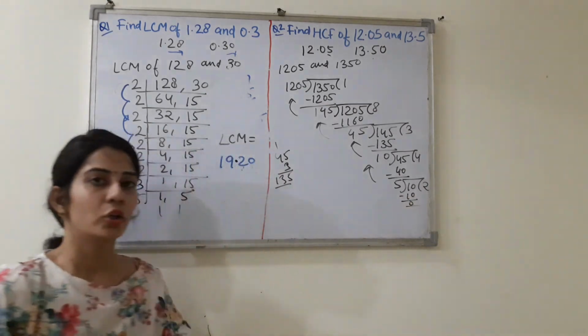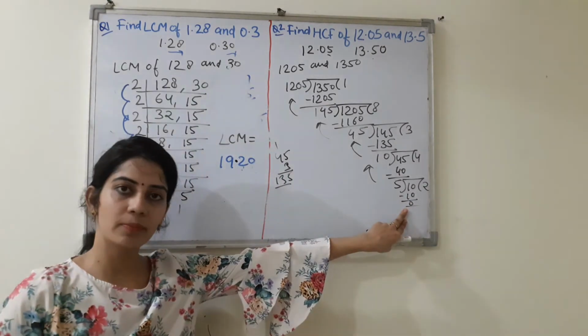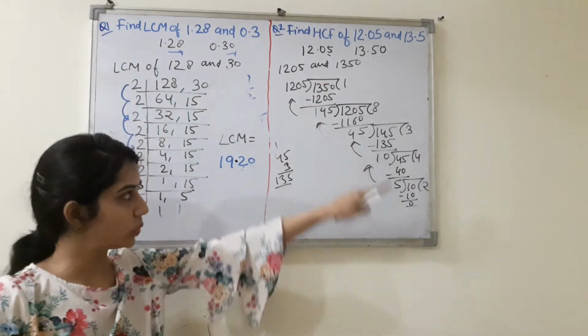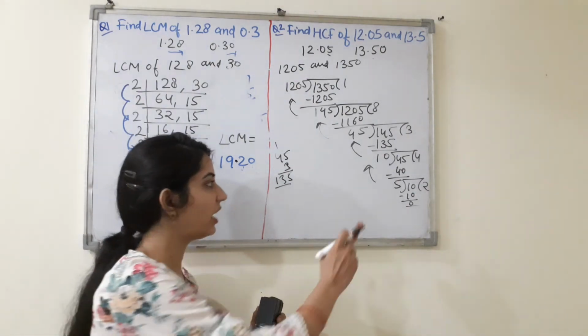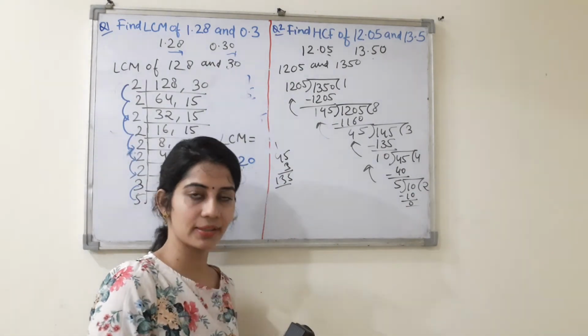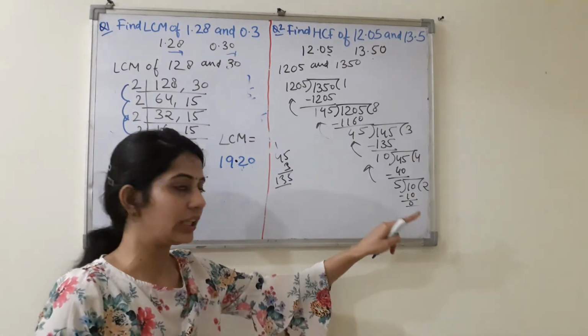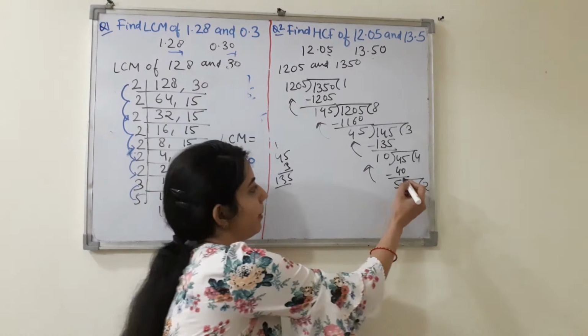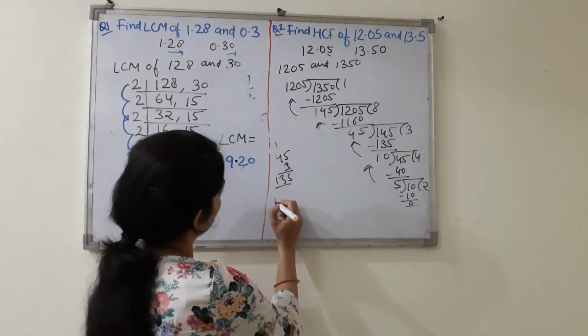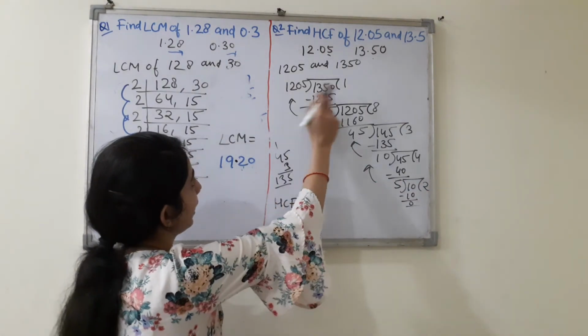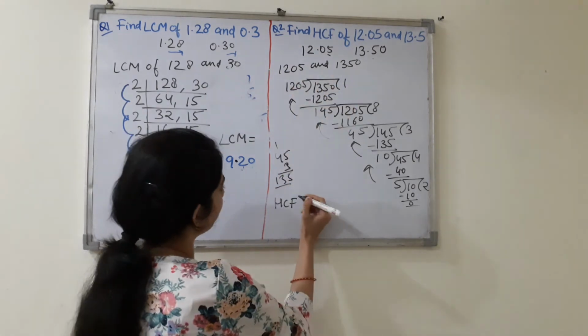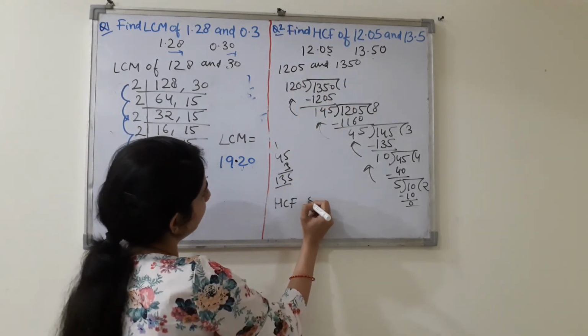It means the remainder has now become 0, so we are done with the HCF. Now what will be the HCF? The last divisor, by which the remainder comes as 0, that number will be your HCF. So the HCF of 1205 and 1350 is 5.